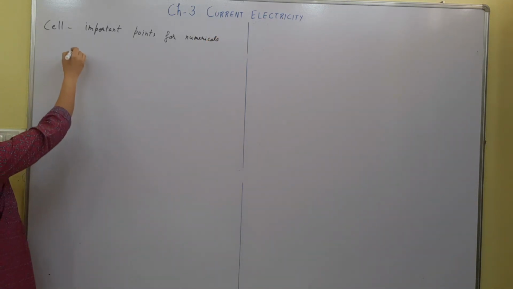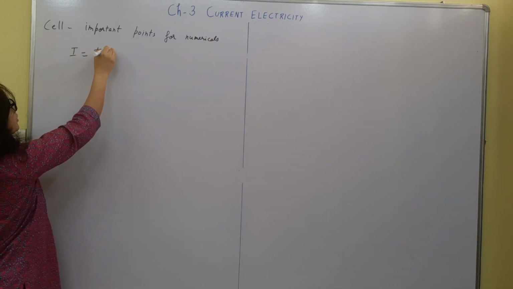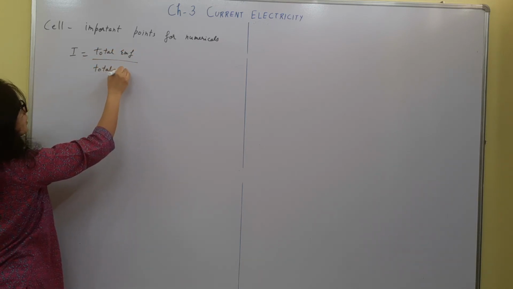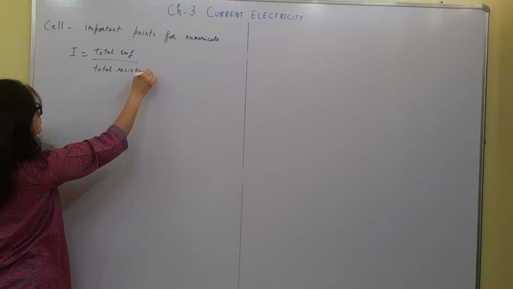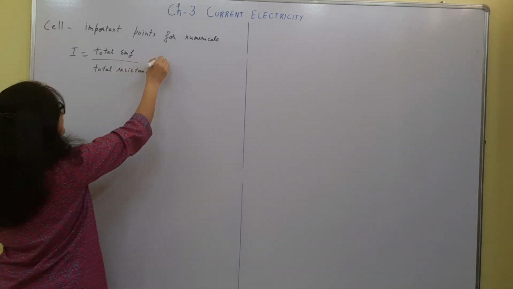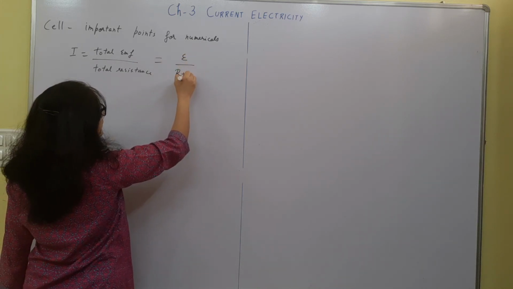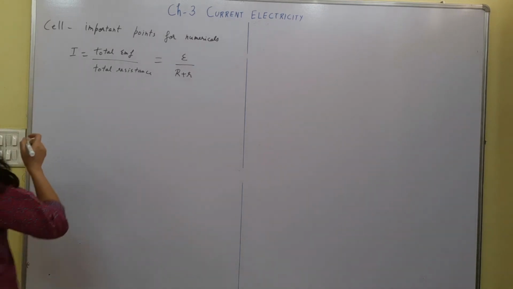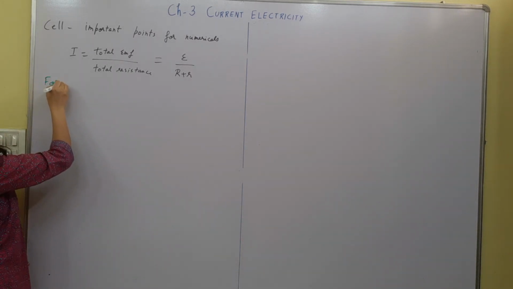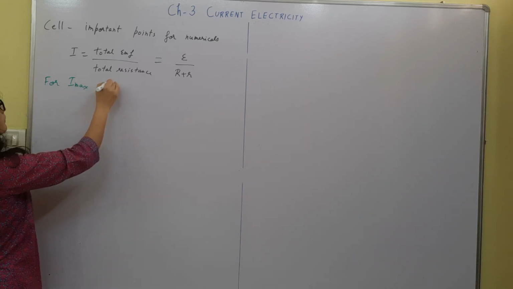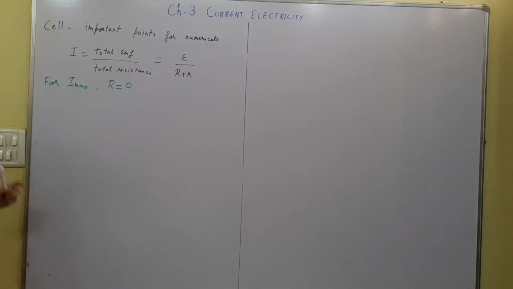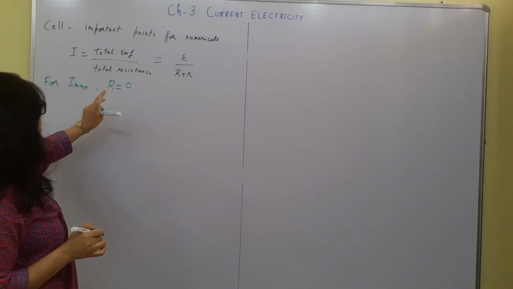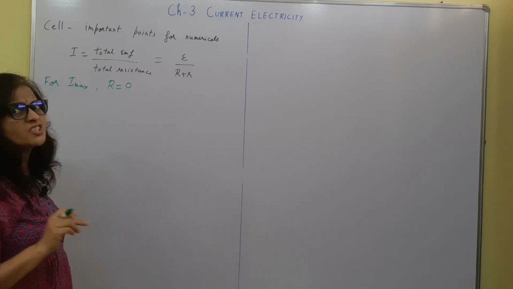We know that the formula for current is total EMF upon total resistance, that can be written as E upon R plus r. So a very important point here is that for I maximum, R is 0, but still we connect resistance in the circuit because the current otherwise will be unmanageably high.